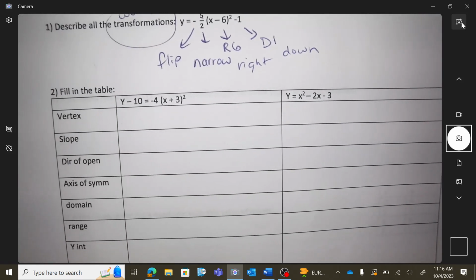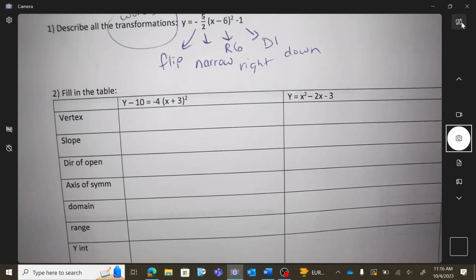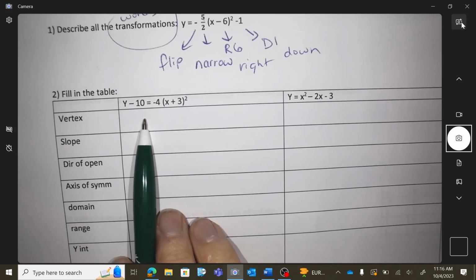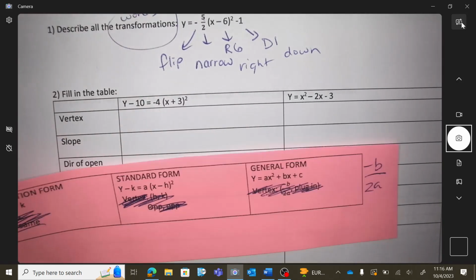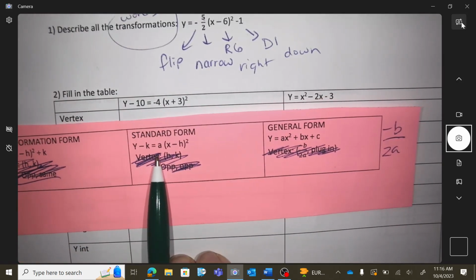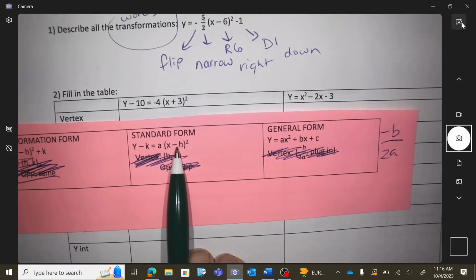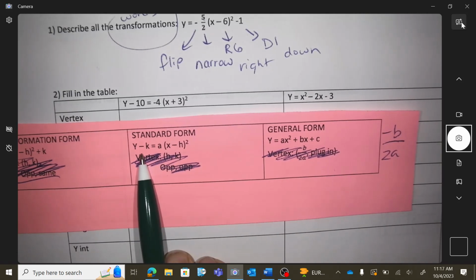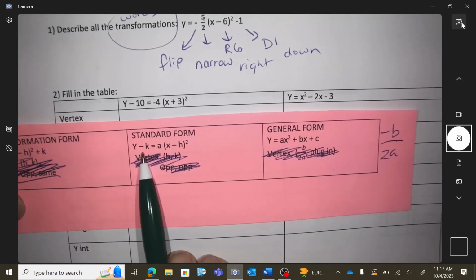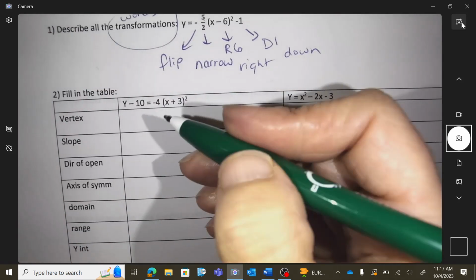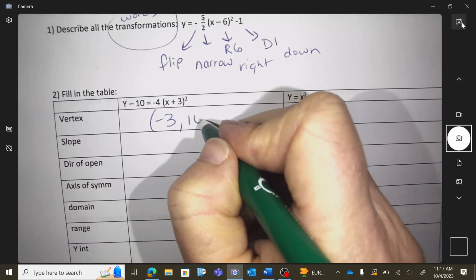Okay, number 2, trying to find the information. So for the vertex, I'd look at the formula sheet and I'd say, oh, if it's exactly like this, there's a subtract and a subtract. So everything's opposite. So when I look at the sheet and I see those negatives, I'm doing opposites.